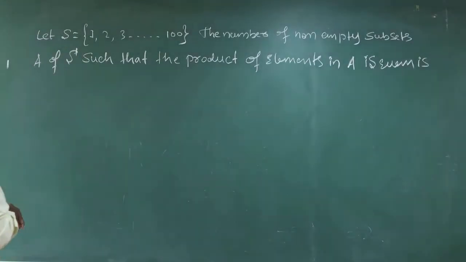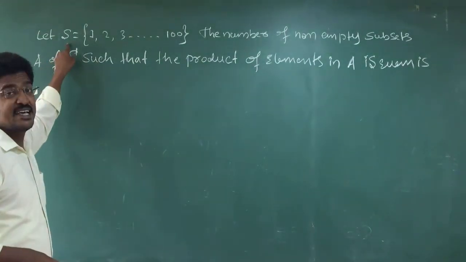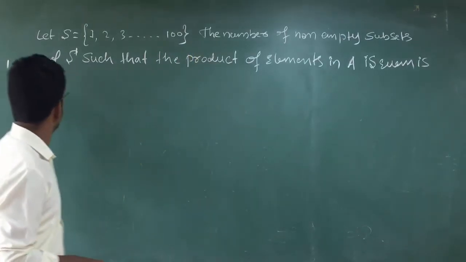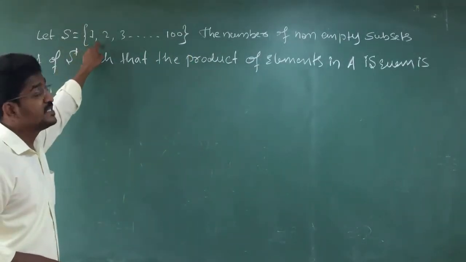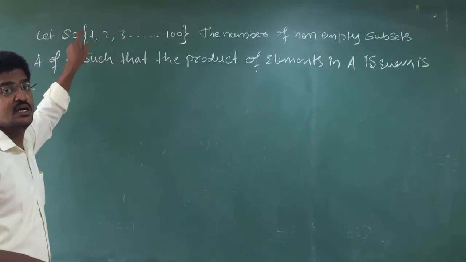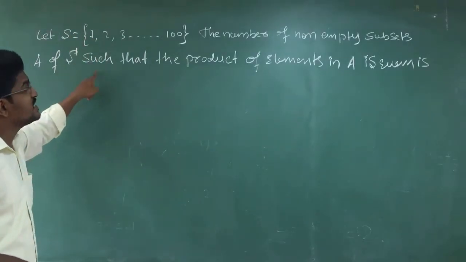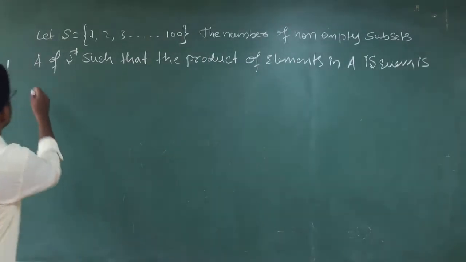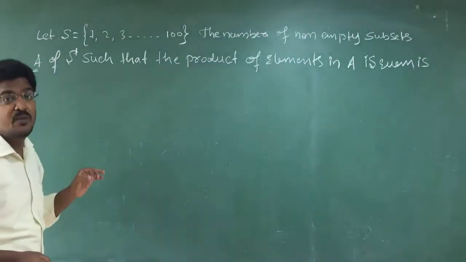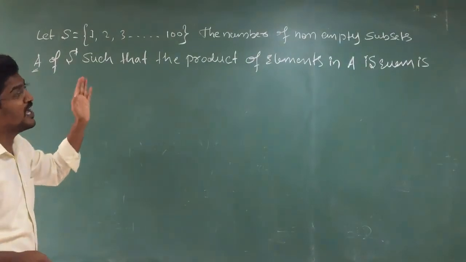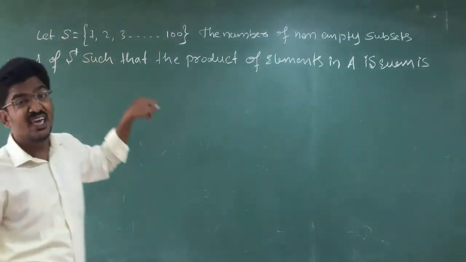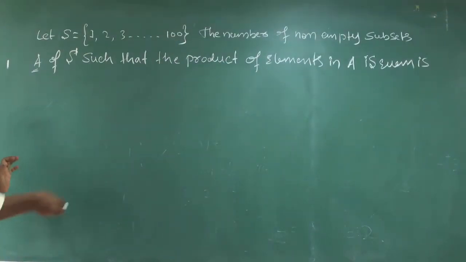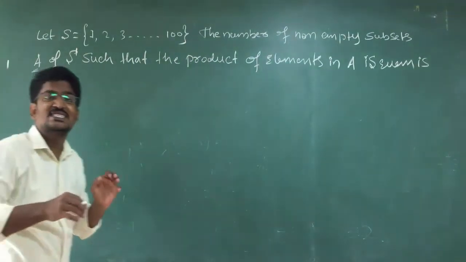Okay, understand the question. There is a set S with 100 elements. The number of non-empty subsets A of S such that the product of elements in A is even. That means the product of elements of the subset is even.